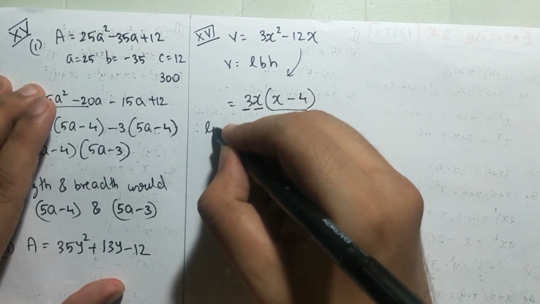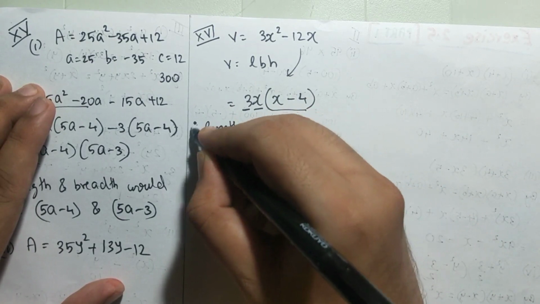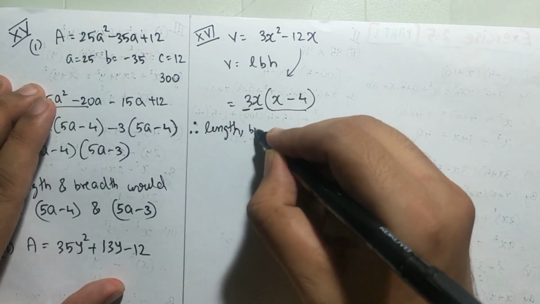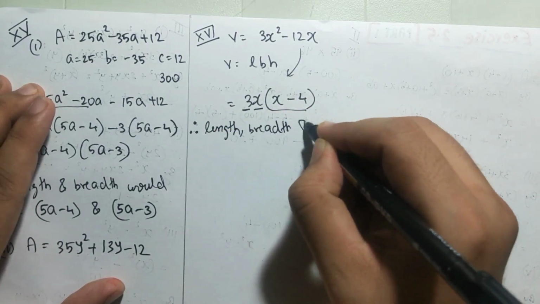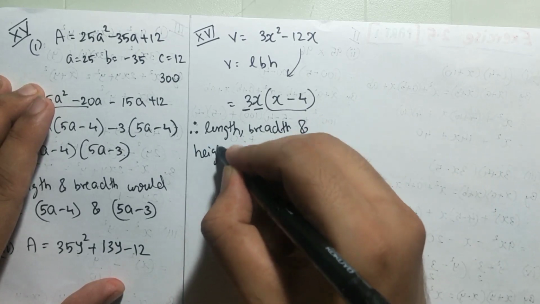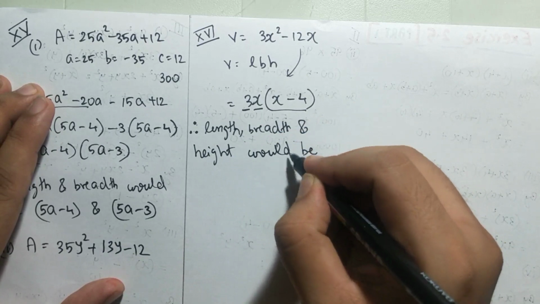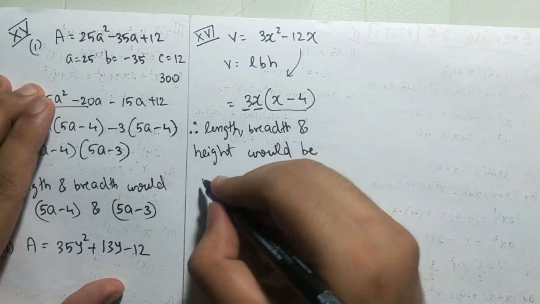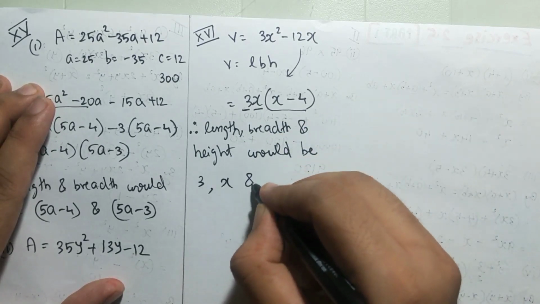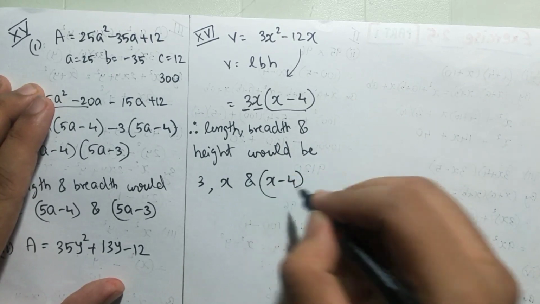So length, breadth and height, because it cannot be factorized further, would be 3, x and x minus 4.